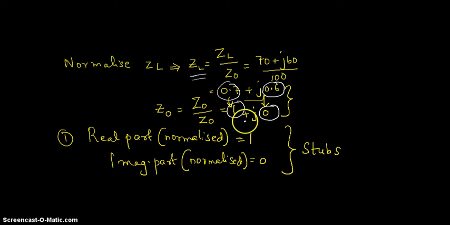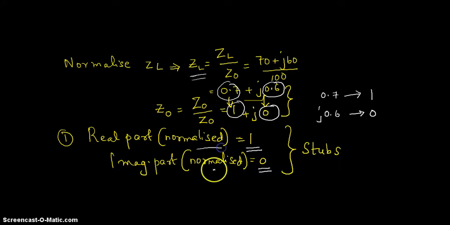So I have to make my 0.7 equal to 1 and j0.6 equal to 0. Both of them are normalized values, and this is what we do by using stubs.